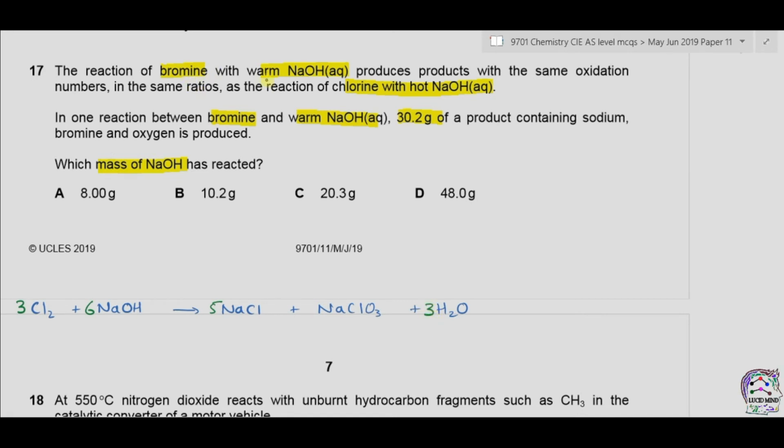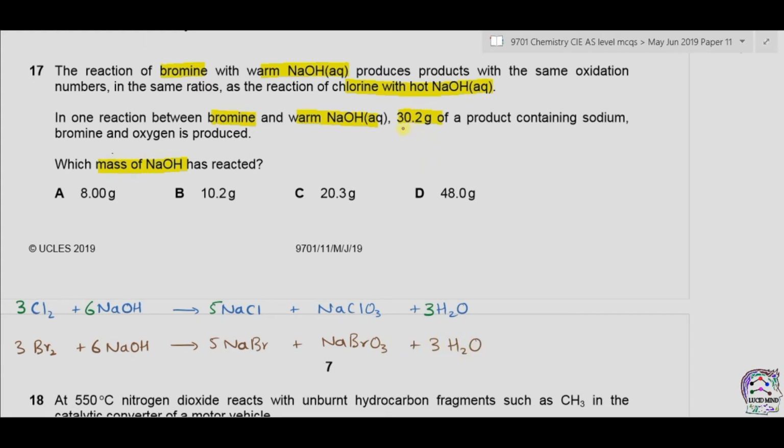The reaction of bromine will be similar, so we can write for Br2, 3 moles of Br2 will react with 6 moles of sodium hydroxide to form 5 moles of sodium bromide along with sodium bromate and 3 water molecules.